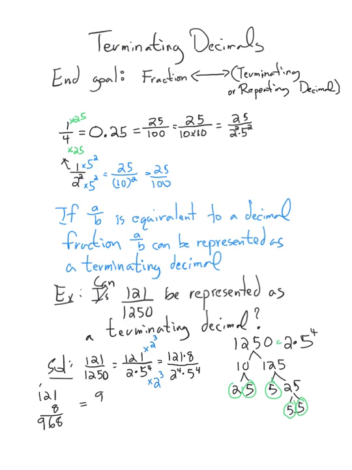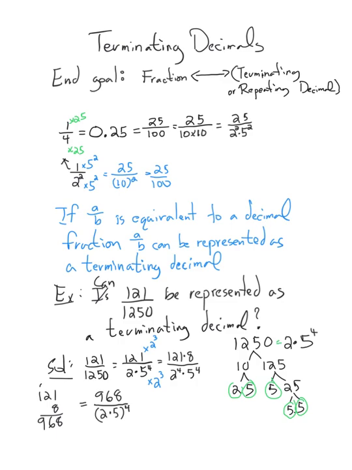So that's 968 over, using our rules for exponents, well, we have 4 copies of 2 times 5. This is 2 times 2 times 2 times 2 times 5 times 5 times 5 times 5.